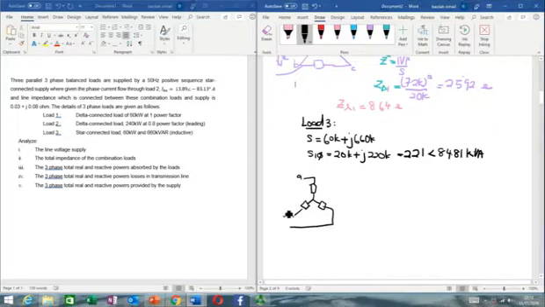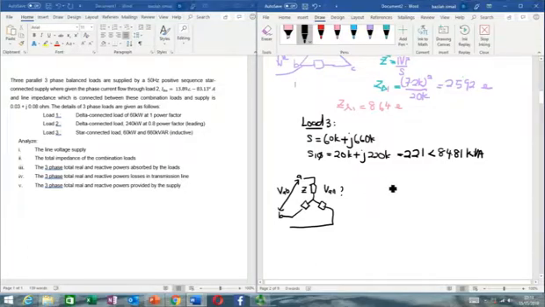This is A and B, and we have voltage VAB here. We need to calculate VAN first to get Z star for load 3.